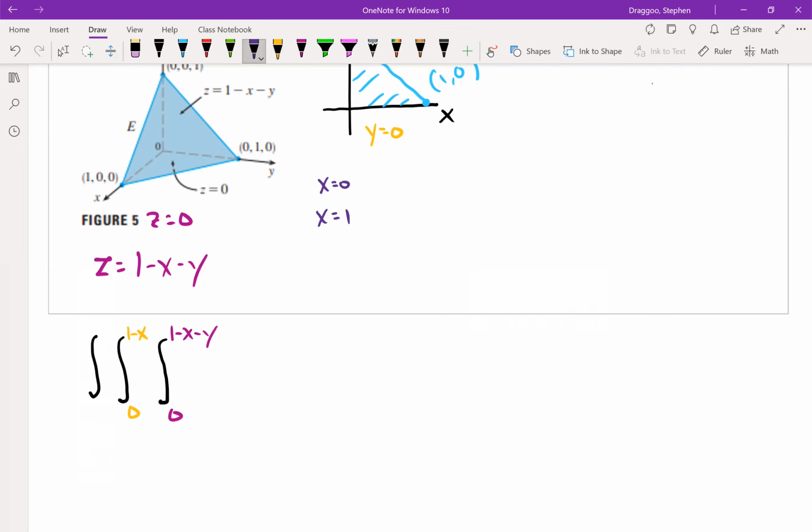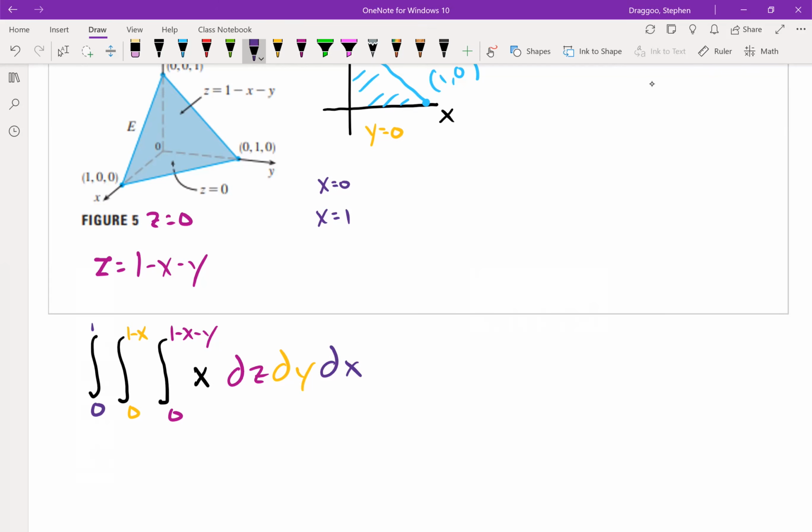And x was the third one, so it's going to go from 0 to 1. And then we'll keep the same integrand on the inside, which I believe is just the function x. But of course, we'll want to rewrite dV in the order that we're going to be taking these integrals in. So we said dz first, followed by dy, followed by dx.